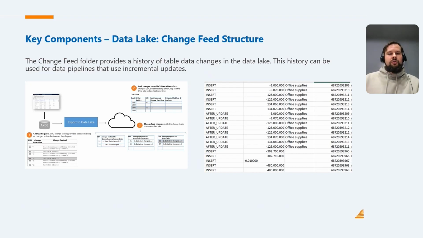These changes will be stored in a separate file, not in the same file that has the full push, but a separate file that we call the change feed, or CDC also. And these will have the changes that were introduced since last time.